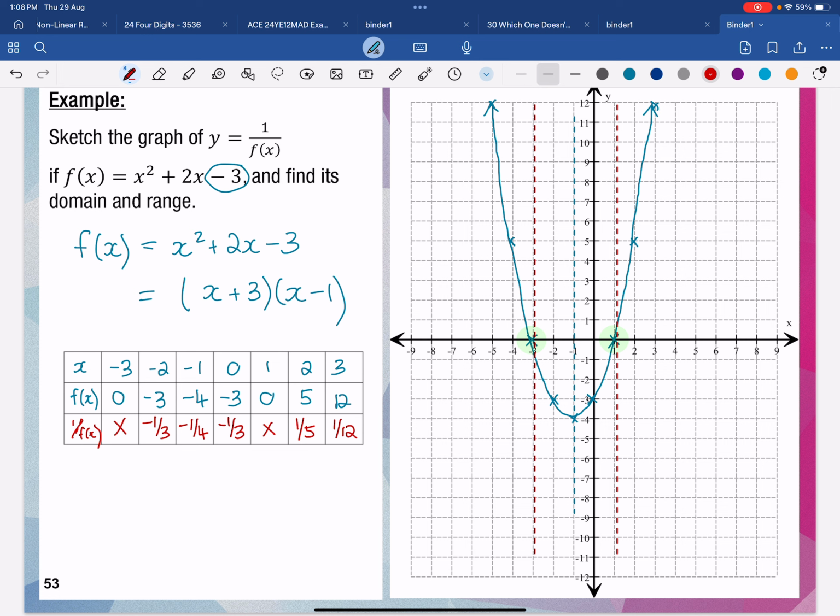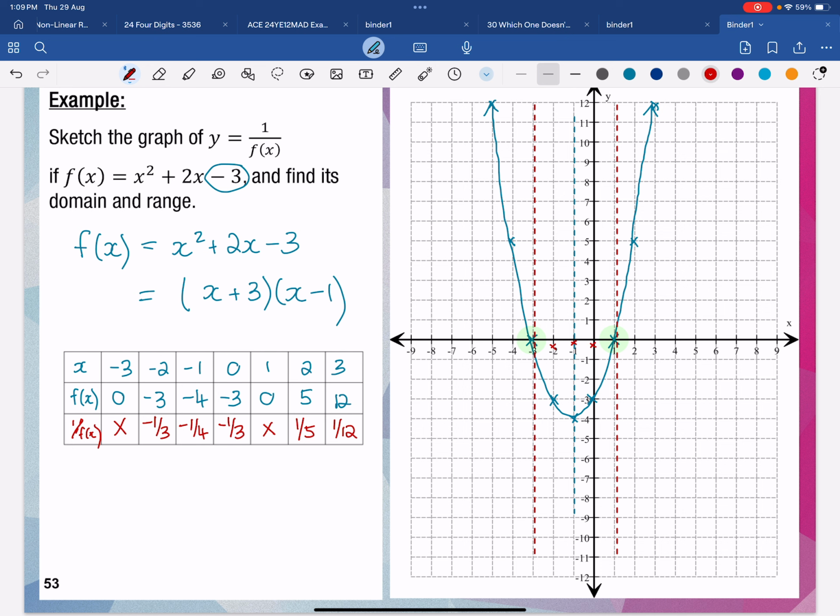So it's actually where our graphs cross over. So I've got nothing much happening to start. For negative 2, I have minus 1/3. That's pretty small. For negative 1, I have minus 1/4. That's small, but a little bit closer, and minus 1/3.